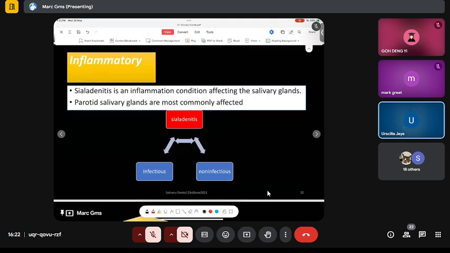And then inflammatory, like I said, adenitis is an inflammatory condition affecting the salivary gland. Parotid salivary glands are the most commonly affected. Adenitis is either infectious or non-infectious. Next.